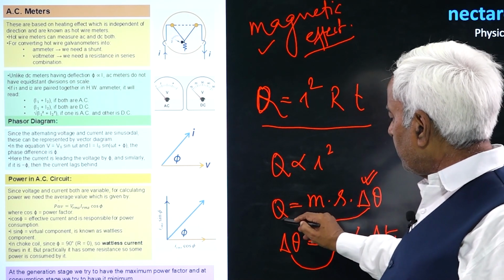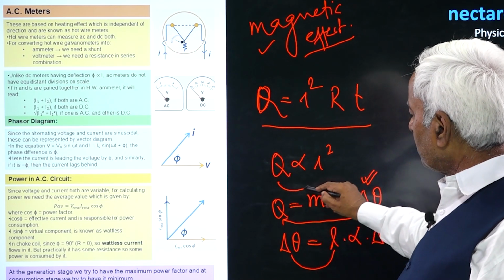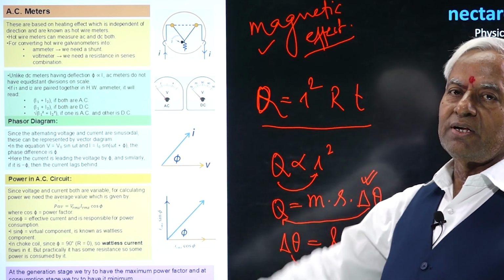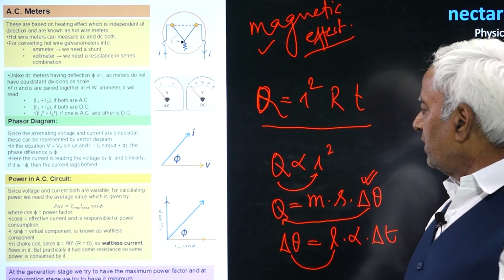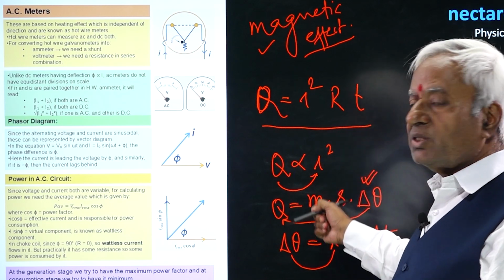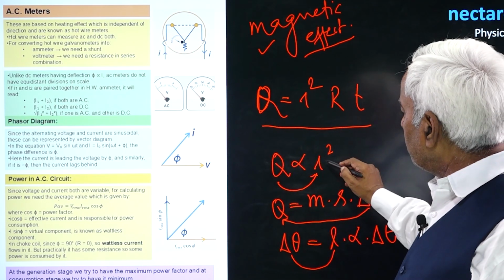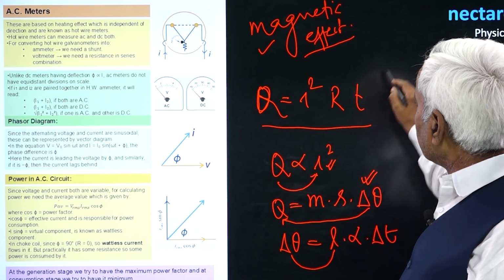This is going to depend on heat, and heat is going to depend on square of the current. So, let us precise the whole thing. Whatever the deflection is going to take place, that will basically depend on square of the current.